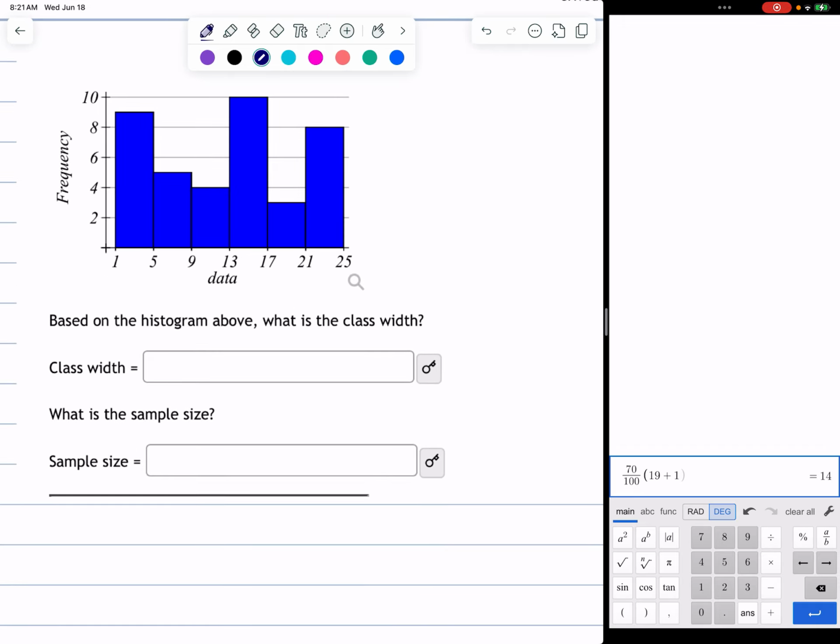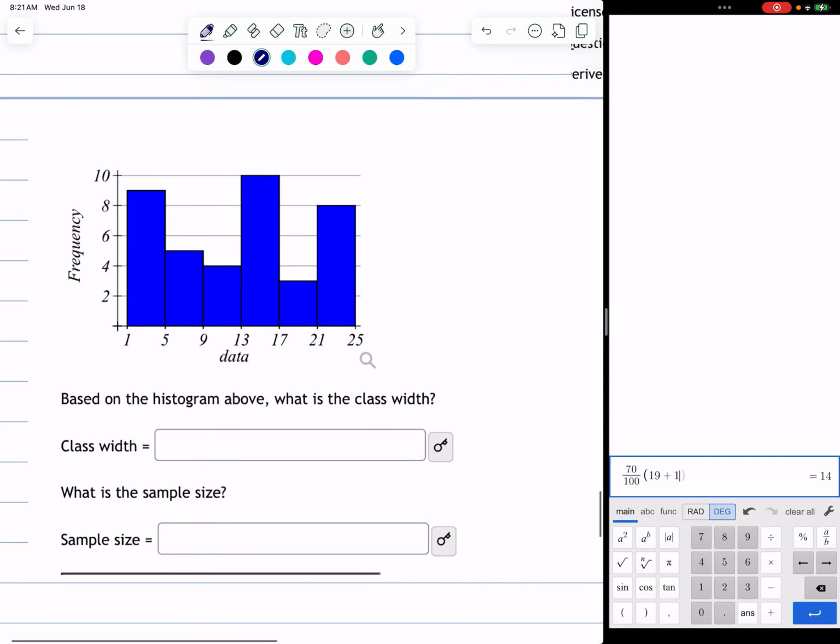Okay. This histogram question was potentially the most overthought question on the entire exam. When you are looking at class width, that is the beginning of the first class and the beginning of the second class, and you subtract them.